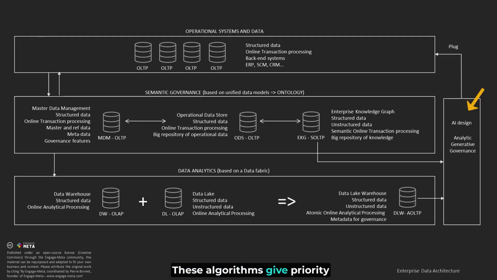These algorithms give priority to using data located in the datasets of the EKG and the data lake warehouse, thus avoiding accessing the databases of the operational systems. This approach ensures that the operational systems are not overburdened with additional processing demands and that the AI has access to the most comprehensive and semantically rich datasets available, facilitating more effective and efficient data processing and analyzing.